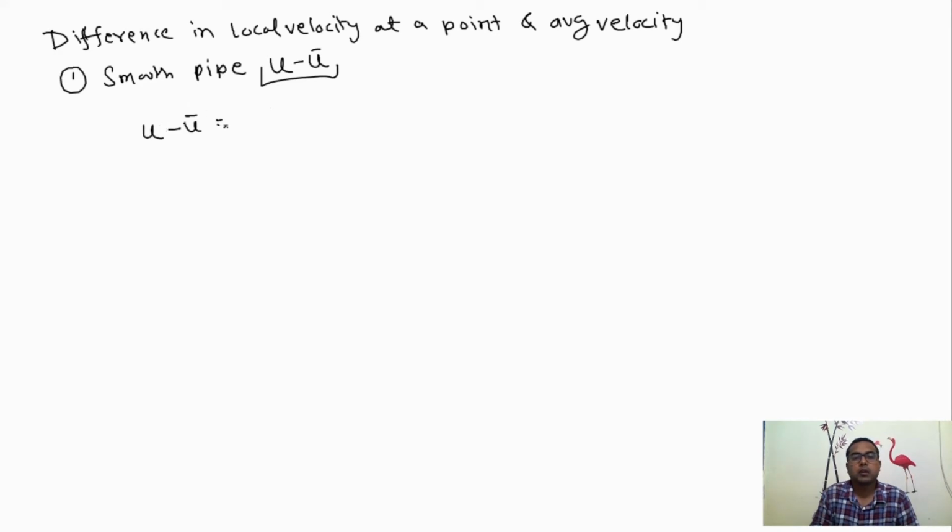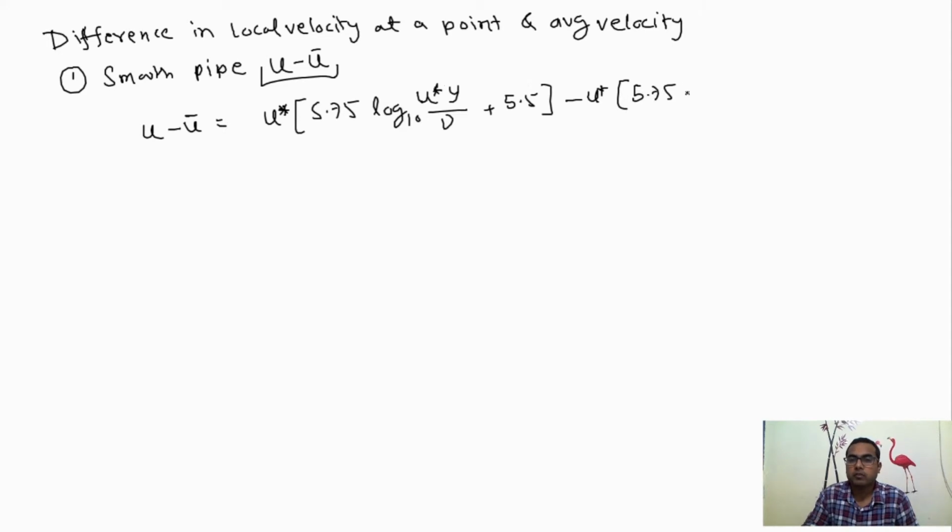So what we know is that u minus u bar is nothing but u star comes outside, 5.75 log base 10 of u star y divided by nu plus the constant value, that is 5.5, right, minus u star times 5.75 log base 10 of u star R by nu plus the constant value 1.75.